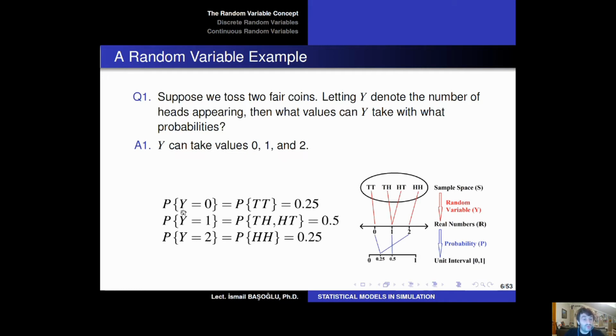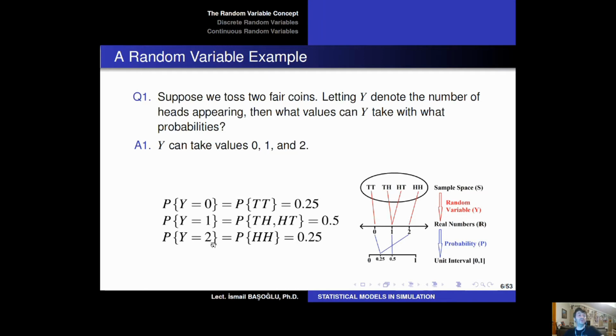So here's the question, when y takes the value of 0? If we observe double tails, then y will take the value of 0. When y takes the value of 1, if we observe a tail head or head tail in the ordered sequence, then y is going to take the value of 1.